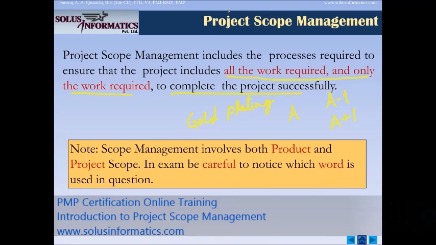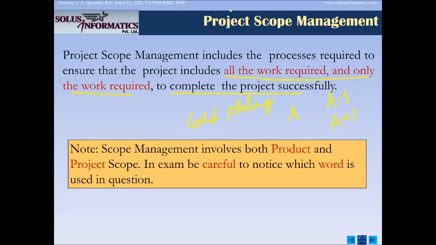Now the next point is that you need to make a note that scope management involves both managing the product scope and the project scope. In the exam, you need to be careful to read which term is being used.